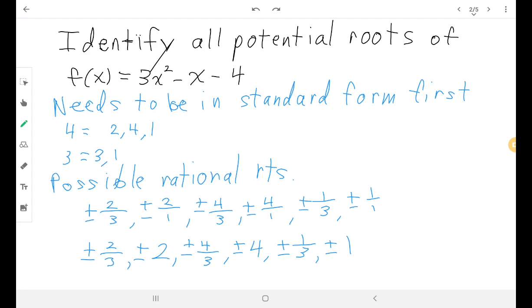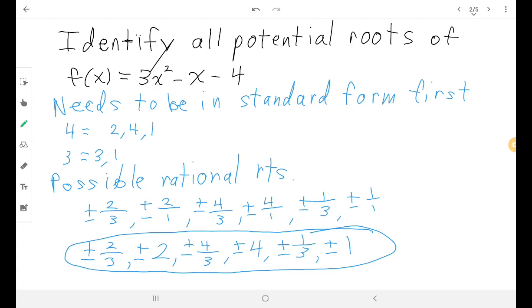And then the idea is all of these are not going to work, only some of them are. And then you have to have ways of testing them, and we'll talk about that in the future. So this right here is the entire list of possible roots, possible rational roots.